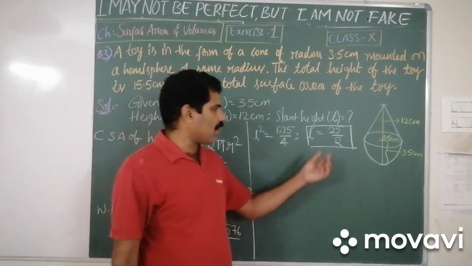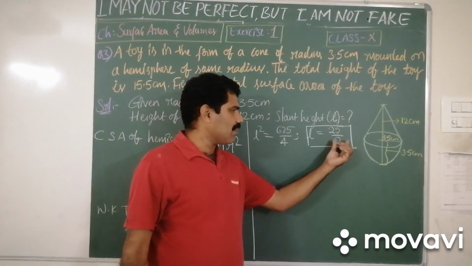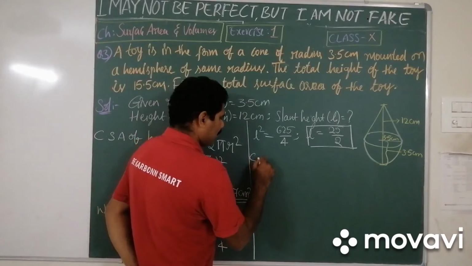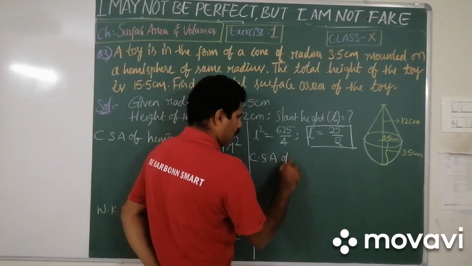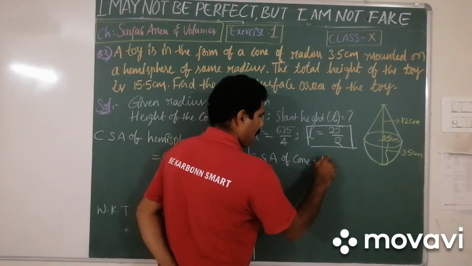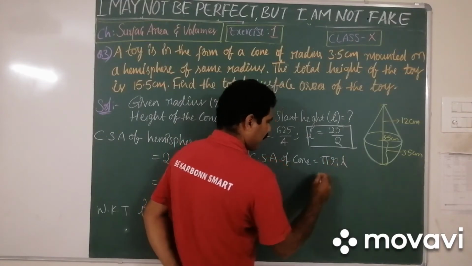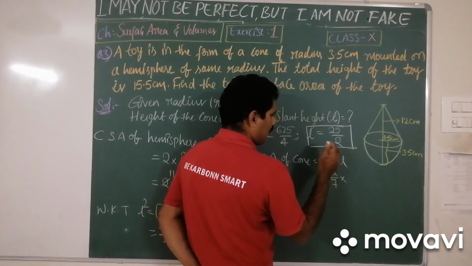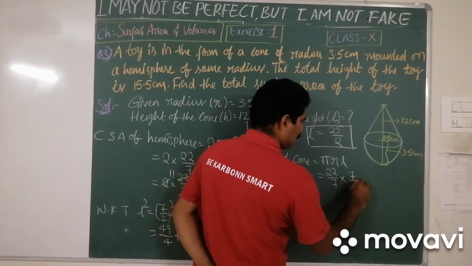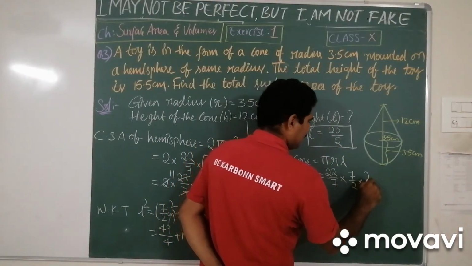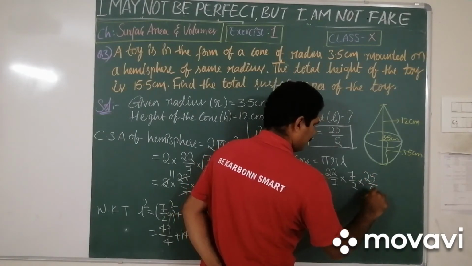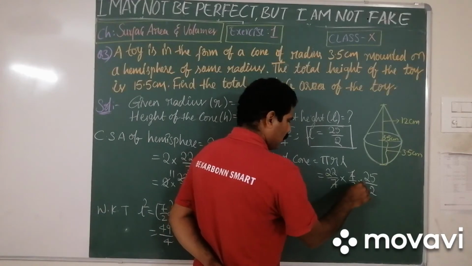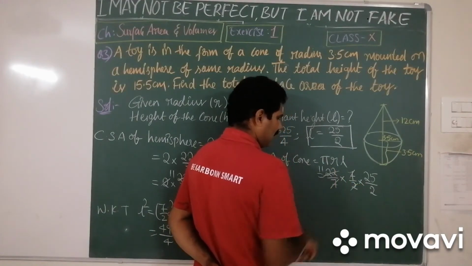Now we can use the formula for finding the curved surface area of the cone. Okay. So, curved surface area of cone is equal to pi r L, that is 22 by 7 into r, which is 7 by 2, into L, that is 25 by 2. 7 will get cancelled, 2 ones, 2 elevens.